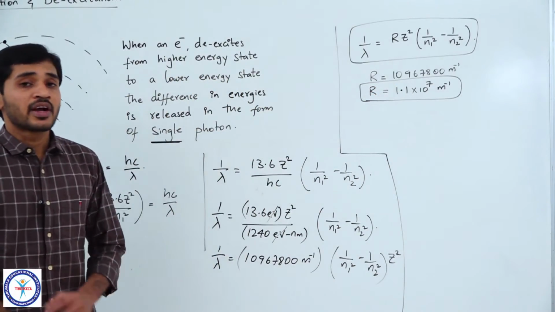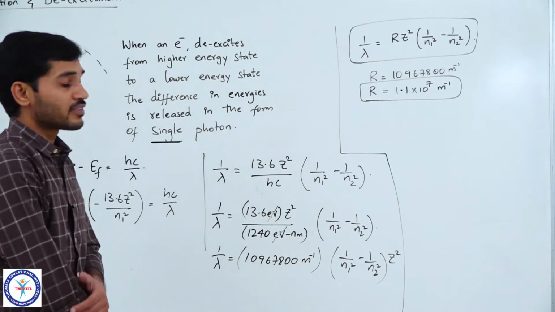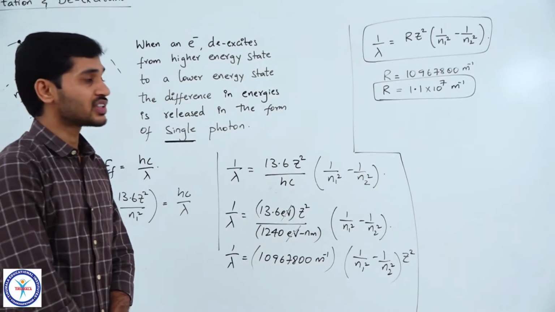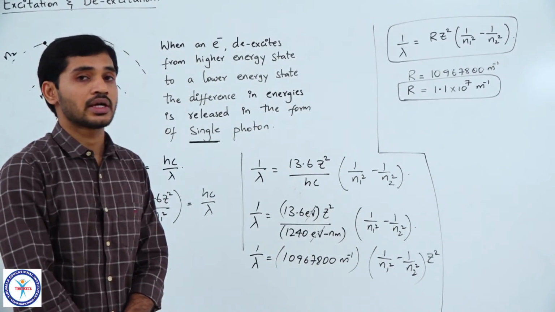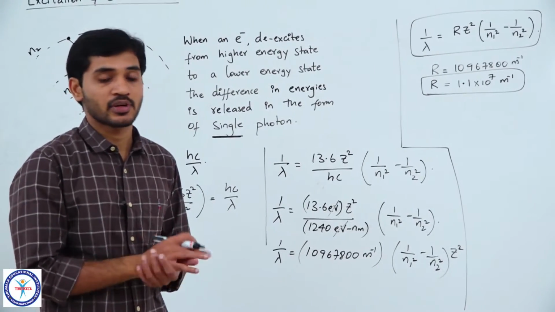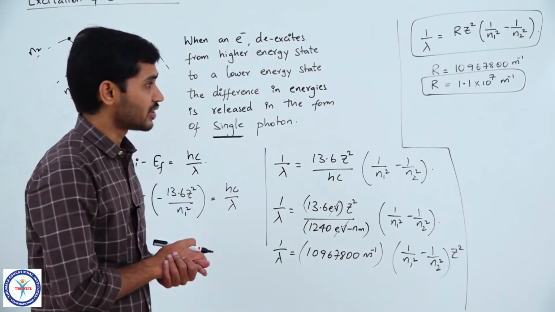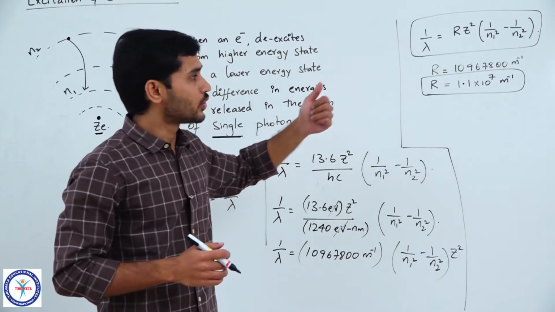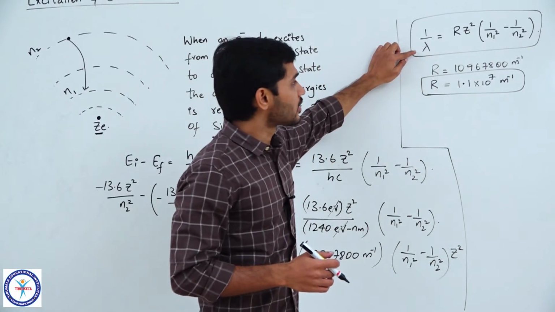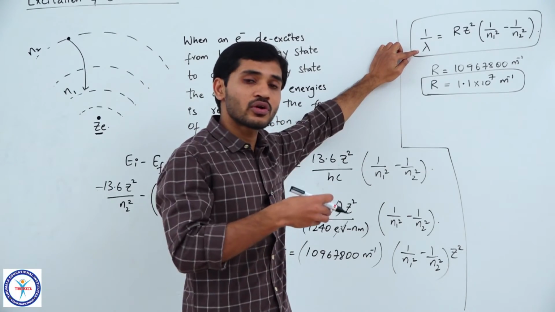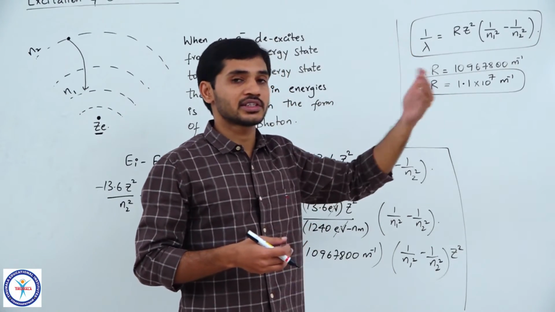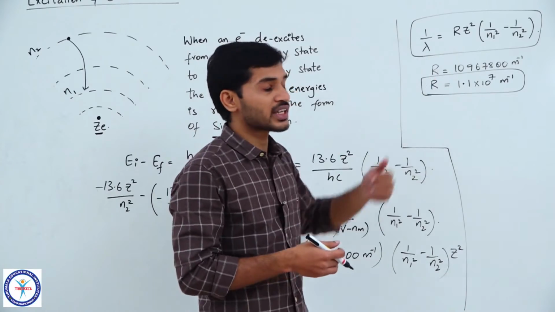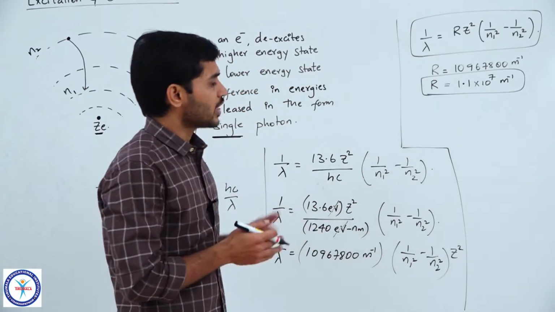So that is how we can find out the wavelength of the photon which is emitted when an electron de-excites from a higher energy level to a lower energy level. It is not that this is only used for de-excitation. You can also say that when a wavelength of this much is incident onto the electron, it goes to the higher energy level also. It can also be used for excitations. Anyway, so that is the idea.